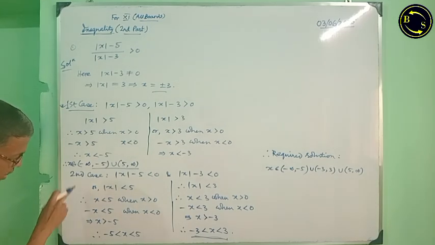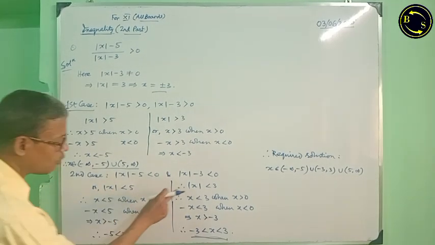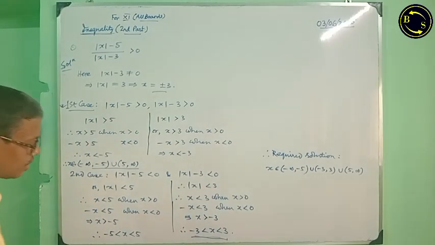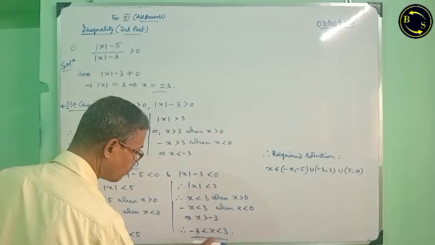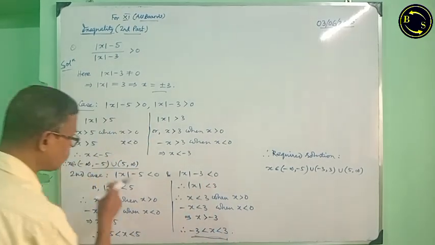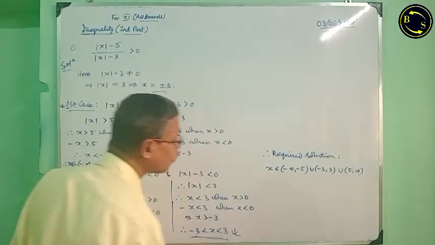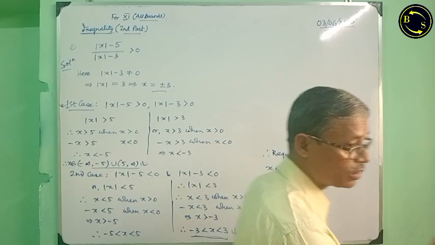And for the second case, mod x less than 5 here, mod x less than 3, then the region will be mod x less than 3. From that we get this. Now we have to combine these two for the required solution. Therefore, finally the required solution is this one.